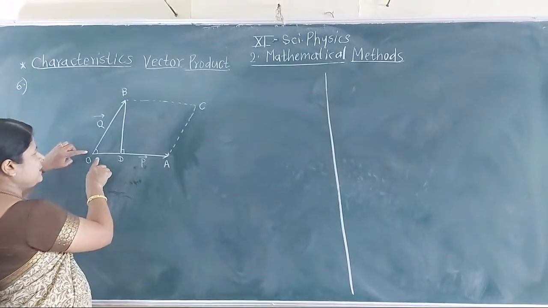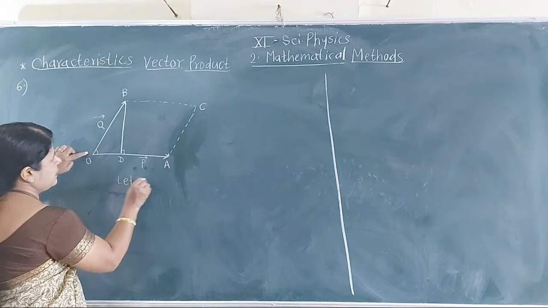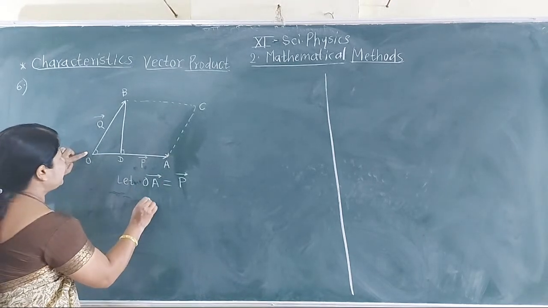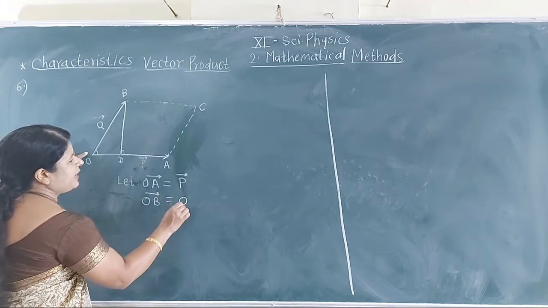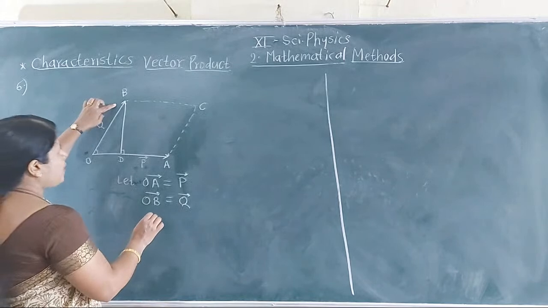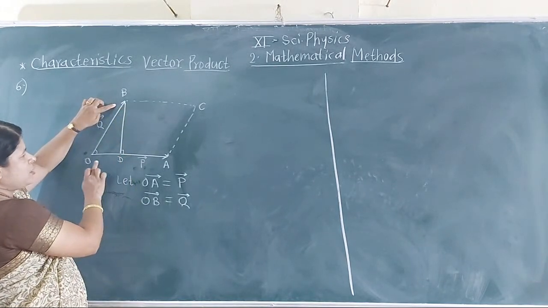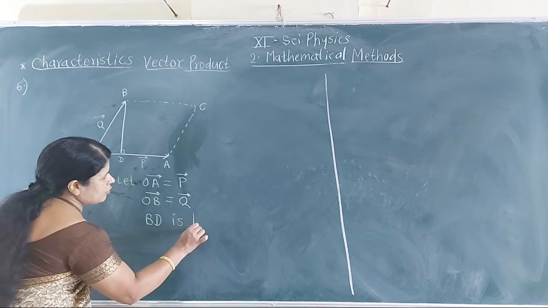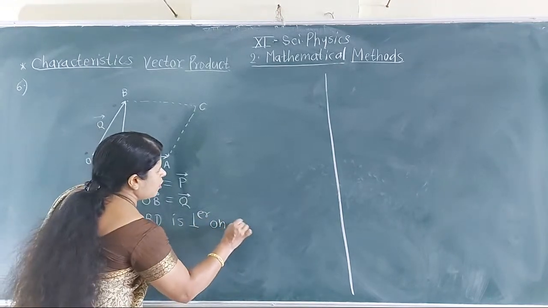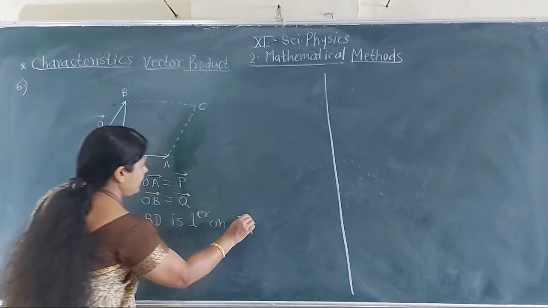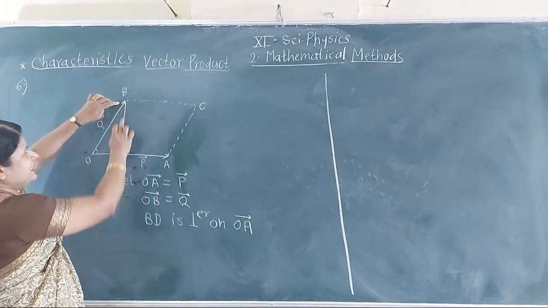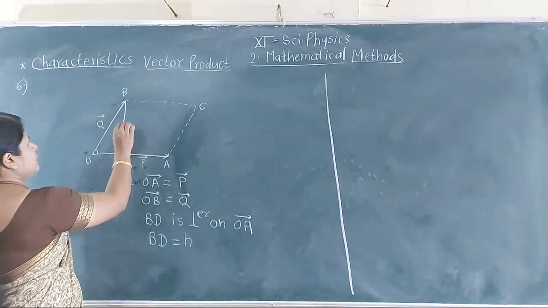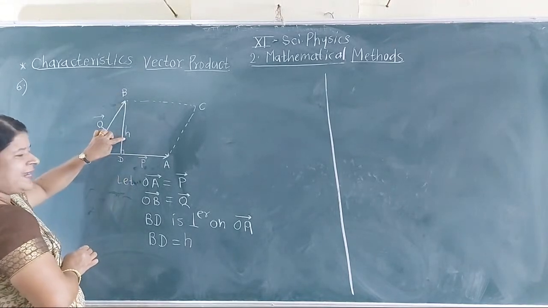So we write in this diagram: let vector OA be equal to vector P and vector OB be equal to vector Q. Now from point B there is a perpendicular on vector OA, so BD is perpendicular on vector OA, and this BD, that means the height, is equal to H.